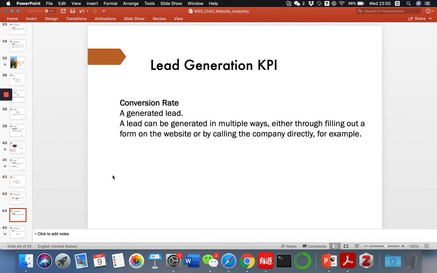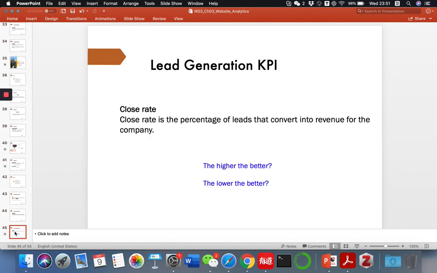So here conversion means a generated lead. Leads can be generated in multiple ways, either through filling out a form, which is a basic way, or by calling the company directly, for example. So it depends which way you offer the viewers to get in contact with you.